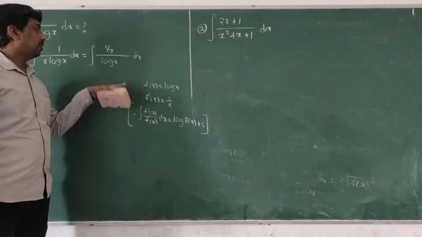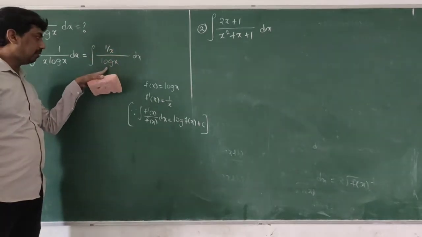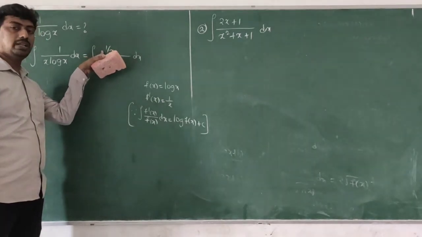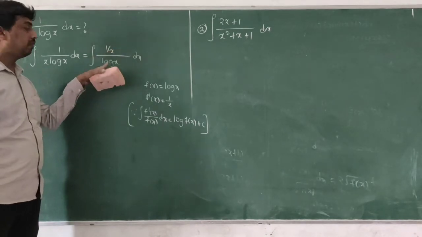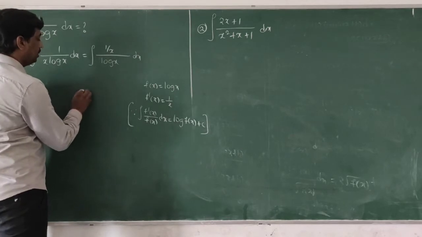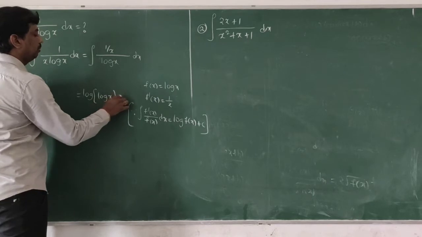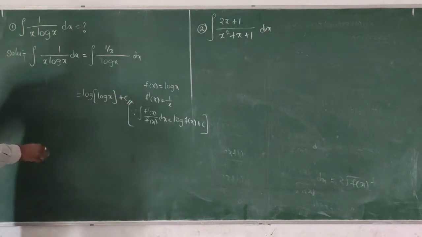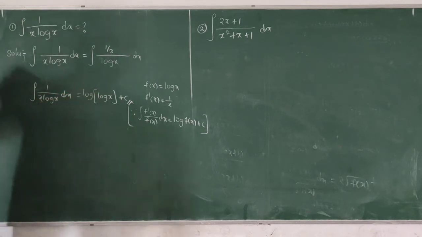When the derivative of the denominator function is in the numerator, the integration value is log of the denominator. So integration of 1 by x into log x dx equals log of log x plus c.